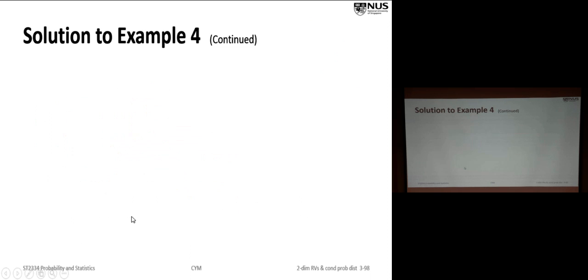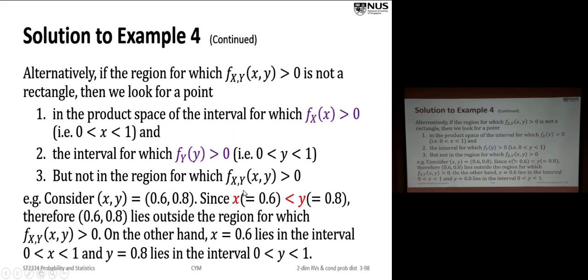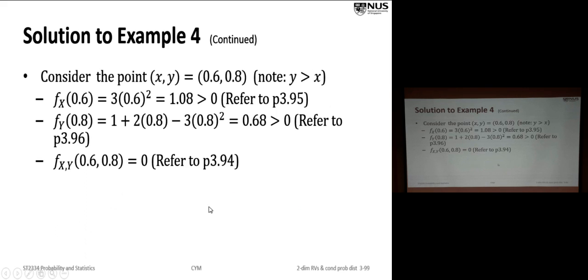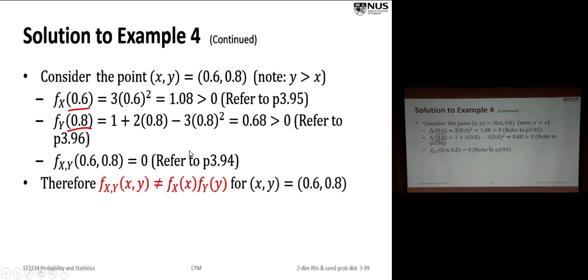Okay. So this is what I just mentioned. If it's x 0.6 and y 0.8, then they are not the same. So this may be easier, all right? But if the joint distribution is over a rectangular shape, it does not mean that x and y are independent.